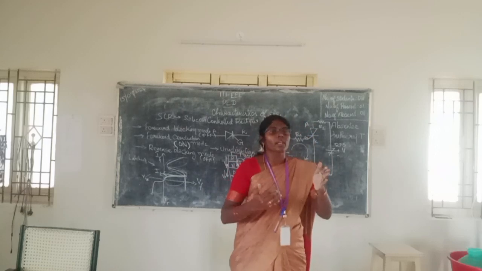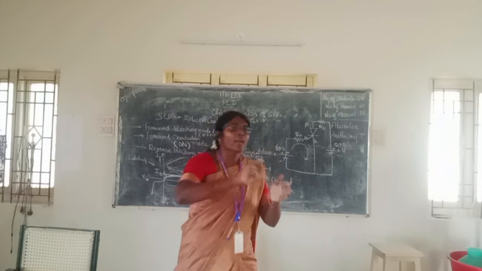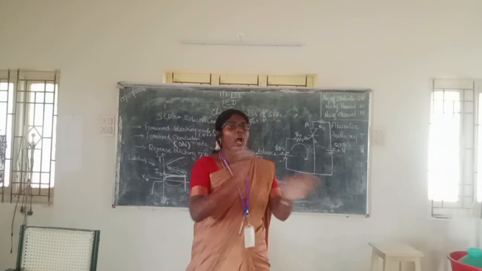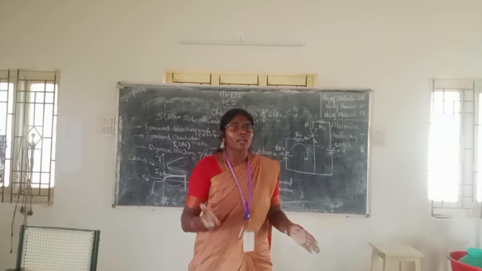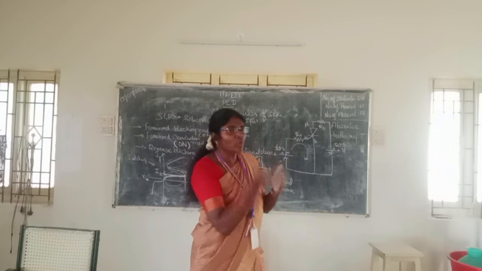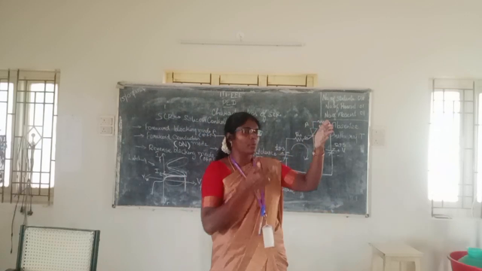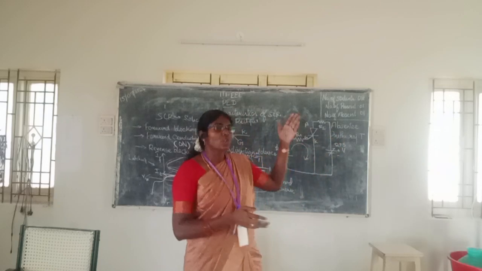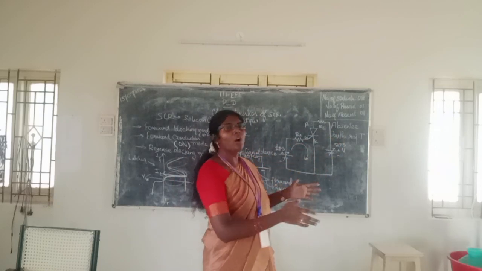After that, reverse blocking condition. Anode negative, cathode positive கொடுக்கும்போது it will be reverse. J2 will be in the forward bias, J1 and J3 will be in the reverse bias condition. No mode of conduction will be there. So during that period, SCR will be in the off condition.